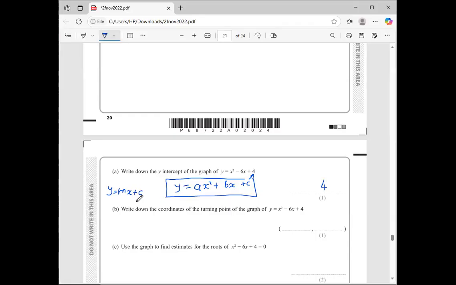Now for linear, I'll come back to quadratic. For linear, the m is the gradient that tells us whether the graph will tilt towards the right-hand side or towards the left-hand side. Remember, it's a straight line graph. If the gradient is negative, it will tilt towards the negative x-axis.